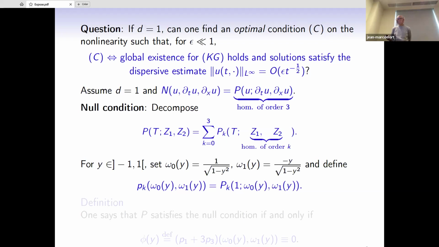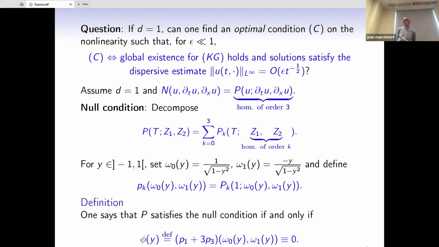And now I shall say that P satisfies the null condition if and only if some function phi of y, which is defined as p1 plus 3p3 with the preceding notation, vanishes identically. So this will be the condition that I called C on the top of the screen.